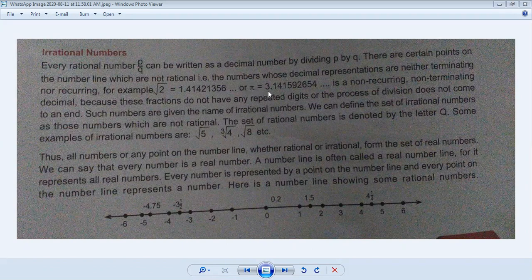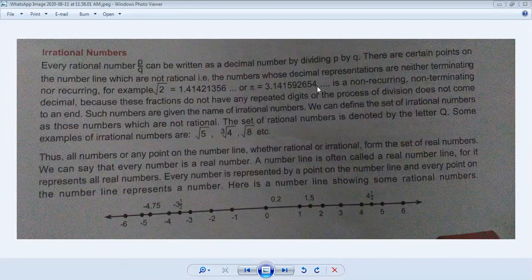Normally the decimal value we use for pi is 3.14. But the exact value of pi does not end after 3.14. It keeps on going. There is no end for this particular value.